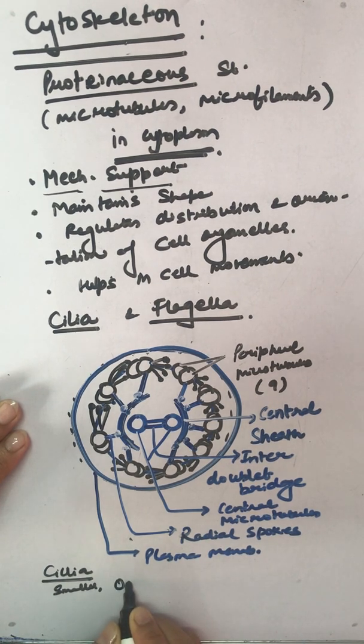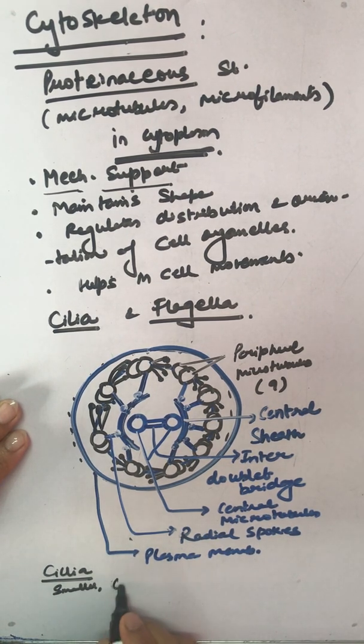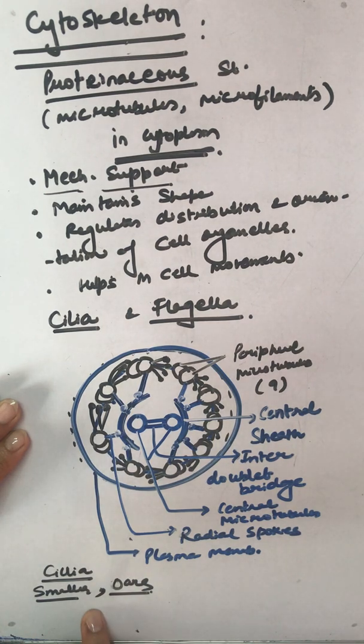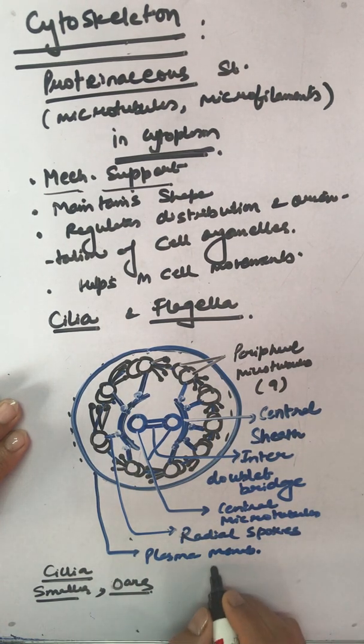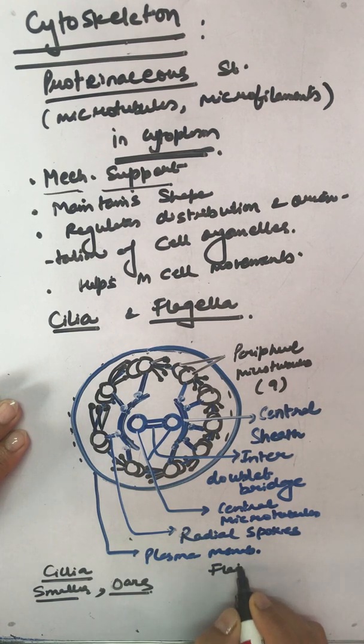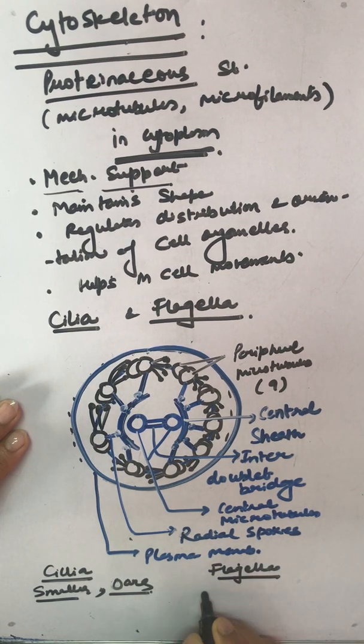Now, the structure says that cilia are relatively smaller and work like oars, causing the cell movement. Obviously, flagella are responsible for cellular movement, but these are relatively longer.